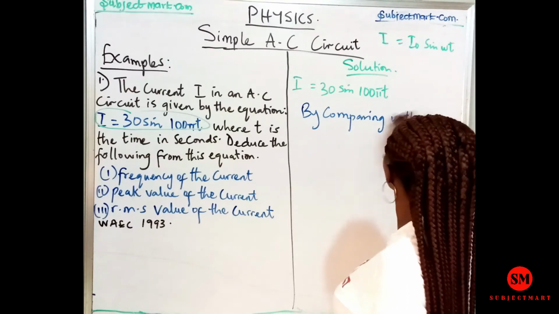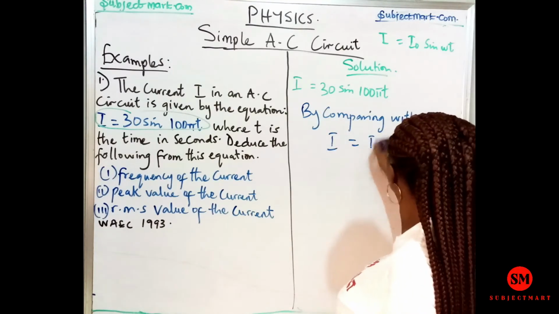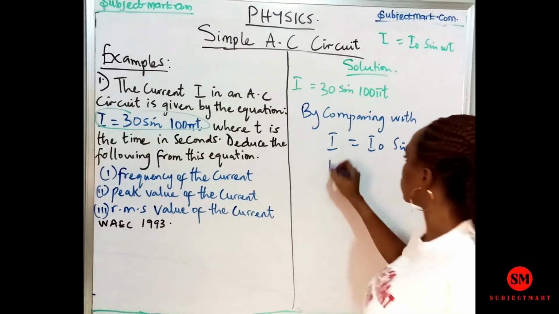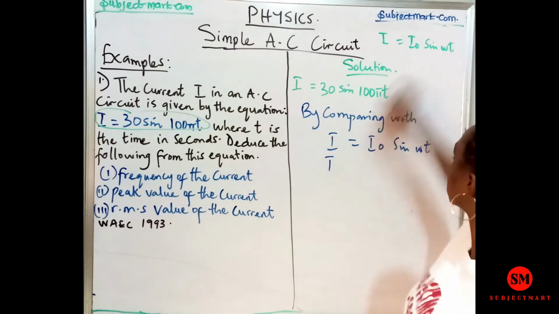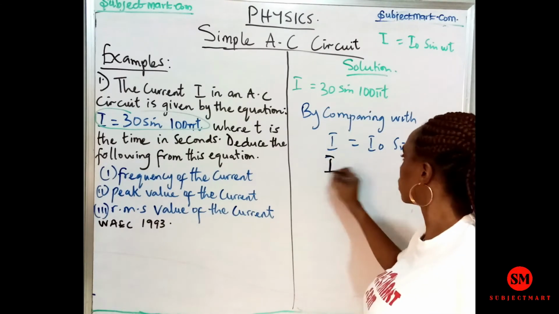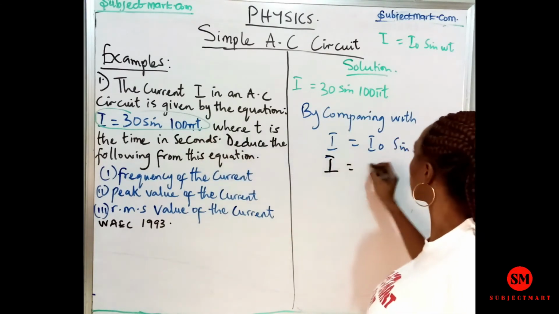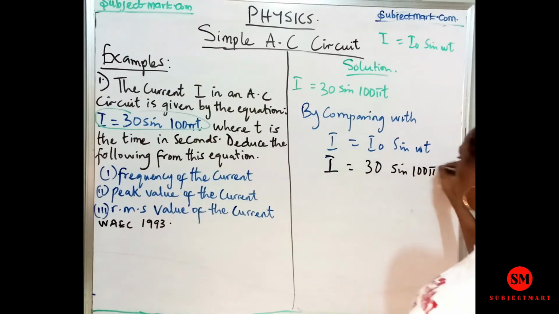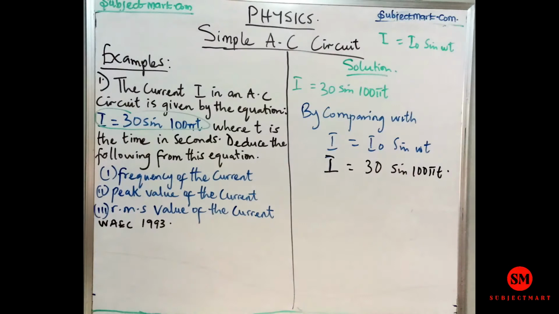I'll write the one we are given underneath. This is 30 sine 100 pi t. So I naught is the same thing as the peak.